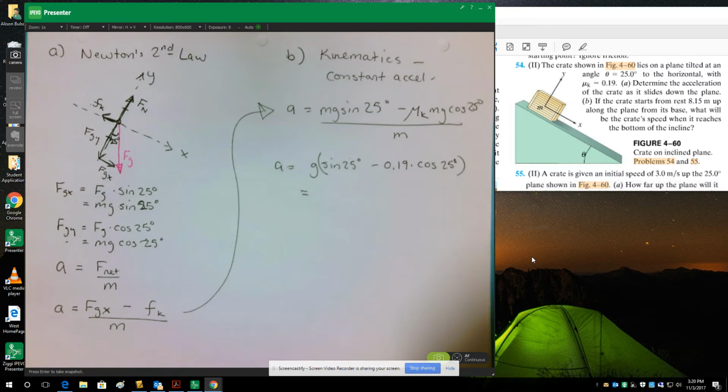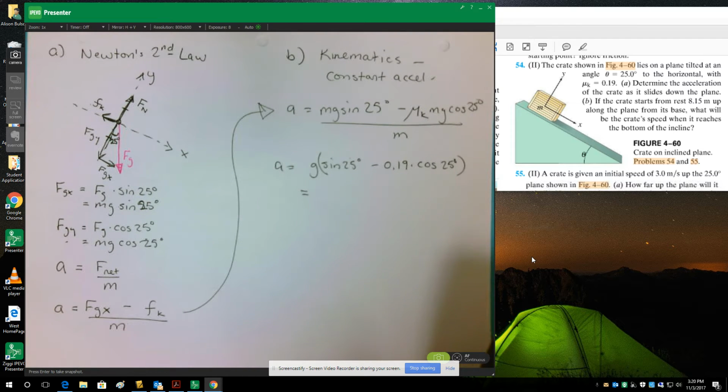And so I can calculate that if my phone will cooperate with calculating trig functions. So let's see, cosine of 25 degrees. I don't actually know how to use my phone to do trig, so I'm grabbing one of the school calculators. Okay, cosine of 25 degrees, and I am in degrees, times 0.19, and then sine of 25 degrees, and then subtracting, nope, it's not going to work that way.